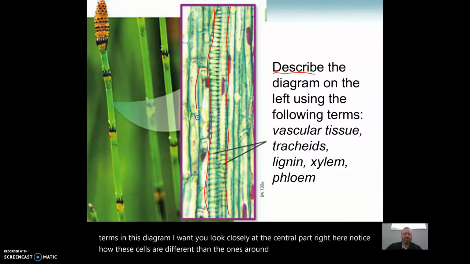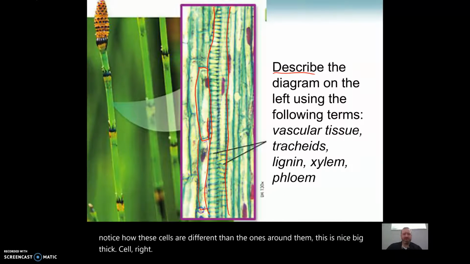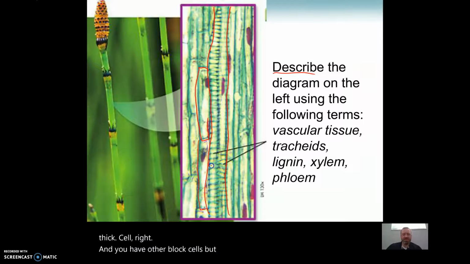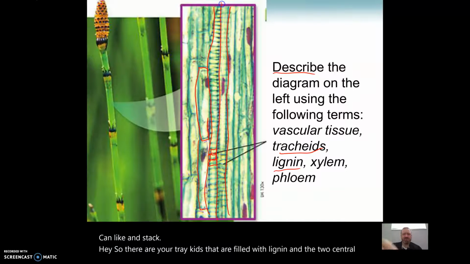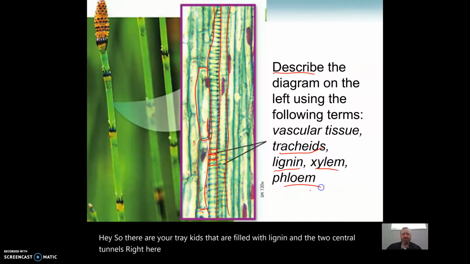This is a nice big thick cell, right? And you have other block cells. But these cells are more can-like and stacked. So there are your tracheids that are filled with lignin. And the two central tunnels right here form the xylem and the phloem.